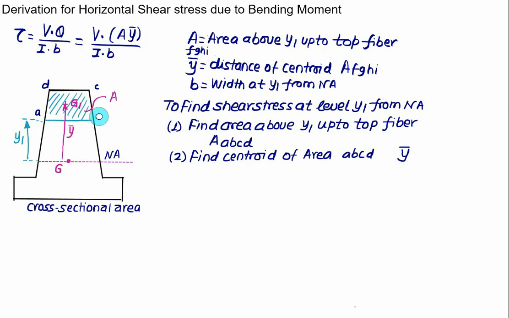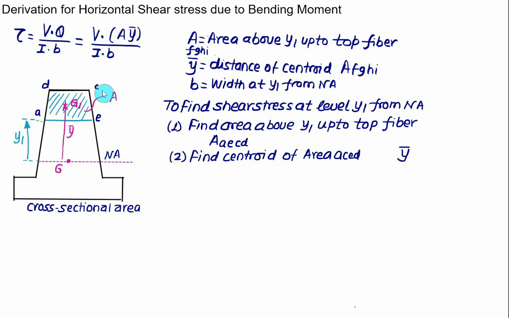So I will just change the point here B. Instead of B I will make it E. So let's take this area as A, E, C, D, because B is repeated here. So you have to locate here the area A, C, E, D, and you have to mark the centroid equal to y bar. Then the given area is A. In this fashion our numerator is solved.